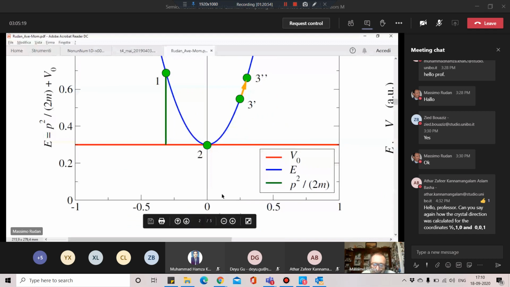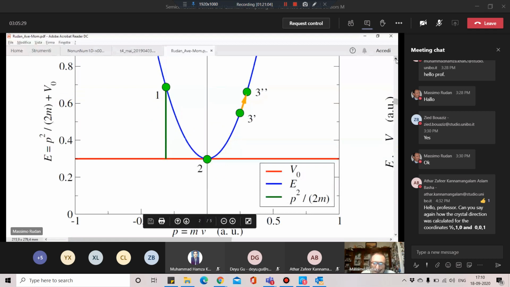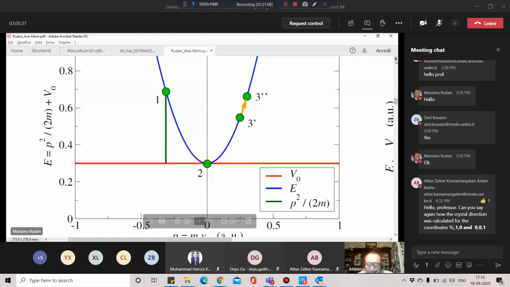In the vertical axis, we have the energies, okay? So we must represent a function that is a parabola plus a constant.